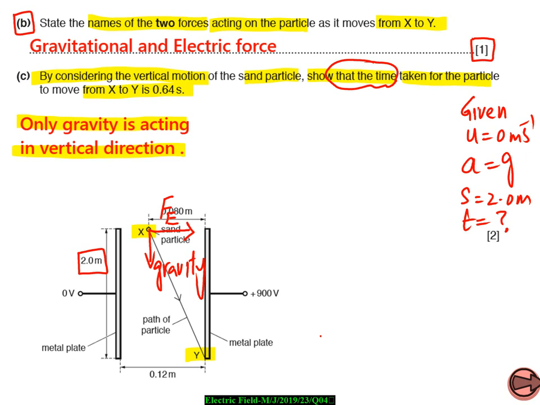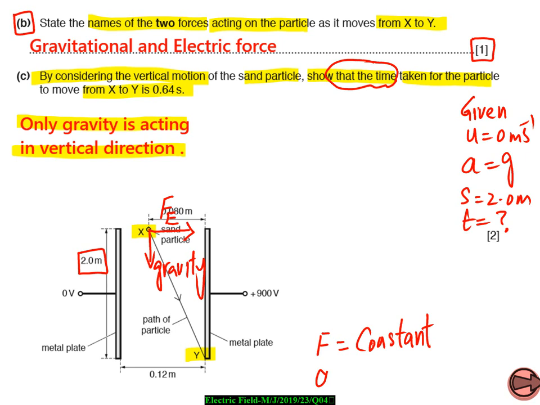If this is the case, then we can use the kinematic equation s is equal to ut plus 1 half at squared.